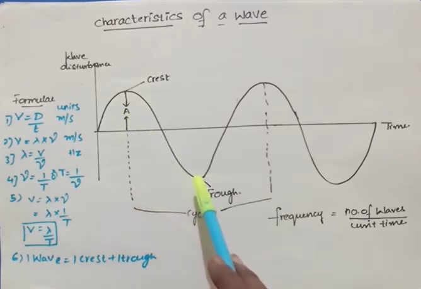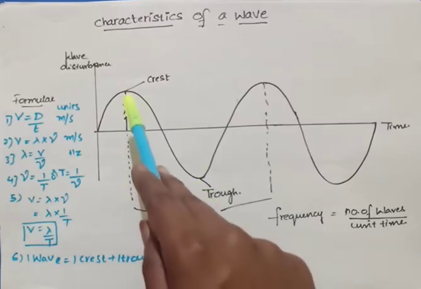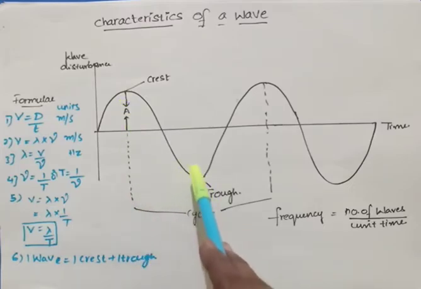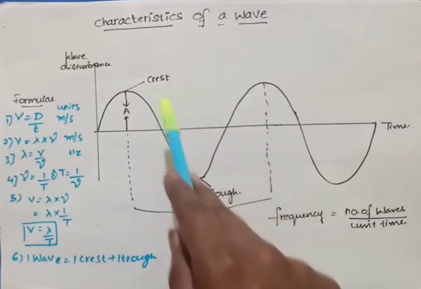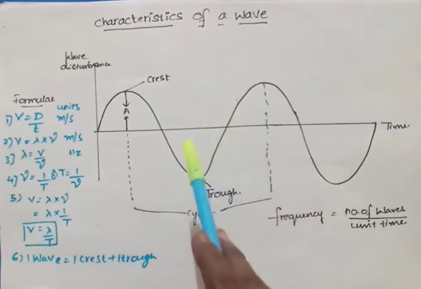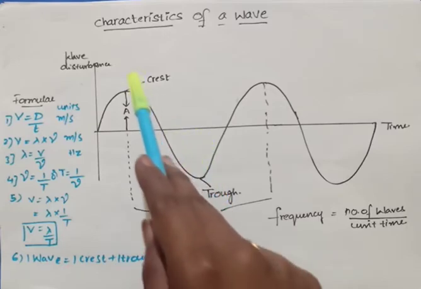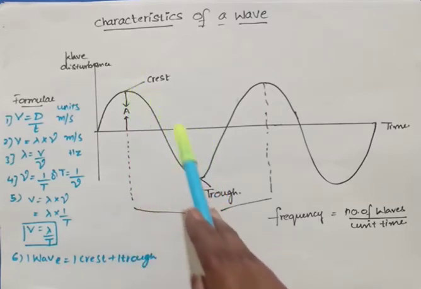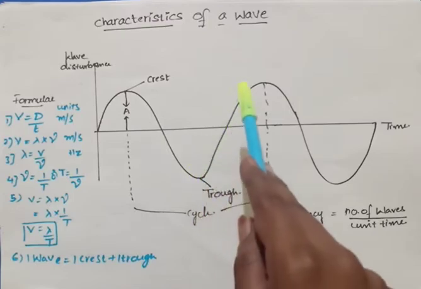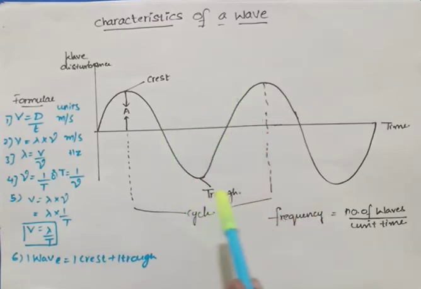And this can be rarefaction, where this value we call the trough. One crest, one trough and one crest makes one cycle, which is called one period or one oscillation or one vibration, or we can say one compression, one rarefaction and again one compression makes a cycle.